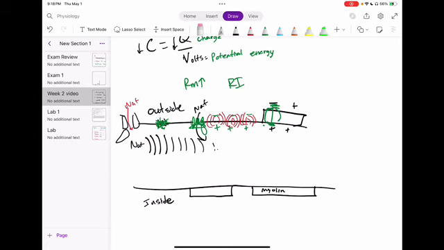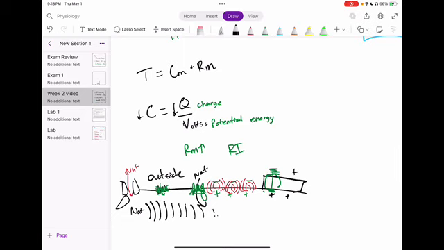An equation that we'll use here is our length constant. I'm sorry, this is also supposed to be multiplication. There we go. Length constant.